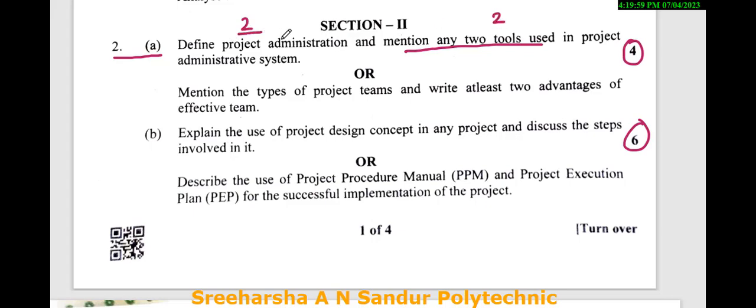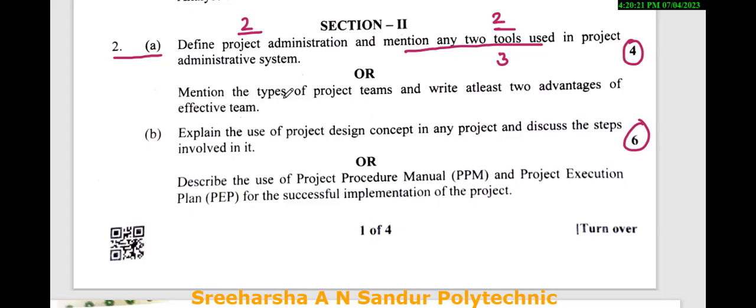So you are writing a definition and two tools. As I said already, wherever there is a chance that you can write 1 or 2 points extra, I always suggest it. Here you need to write 2, but I suggest you write all 3.